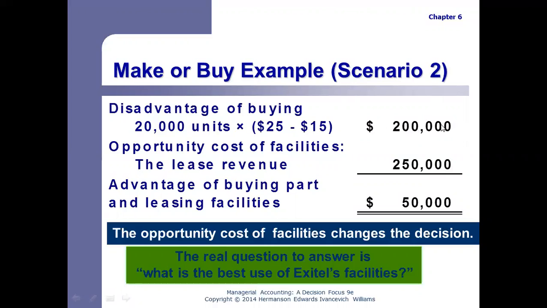So we'll lose 200,000, but if we can lease that facility out to someone else and make $250,000, then there's a $50,000 advantage to buying the part from someone else and then turning around and leasing the factory to another party. Okay, so that opportunity cost changes our decision, and yes, we should then buy the parts from someone else, even if it's going to cost us more money than it currently does, because we can then lease the facilities to someone else.